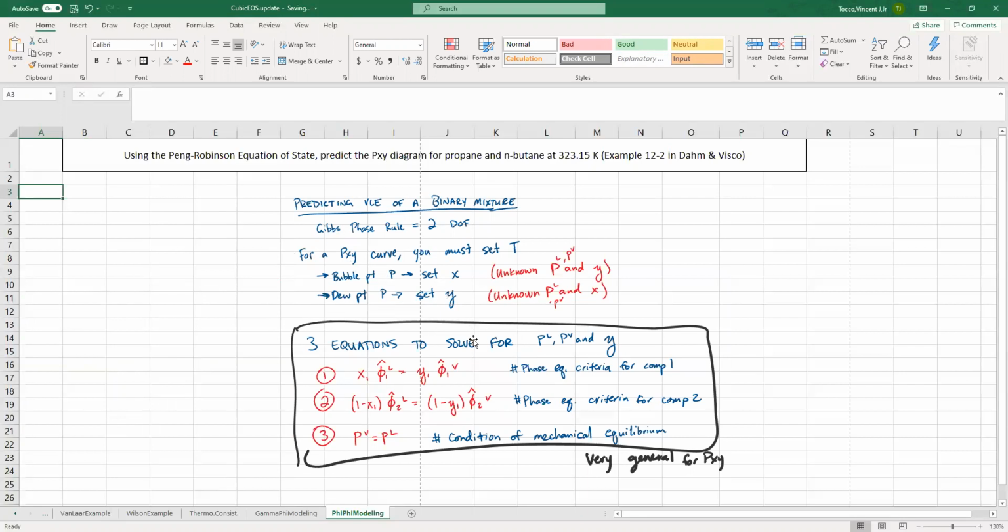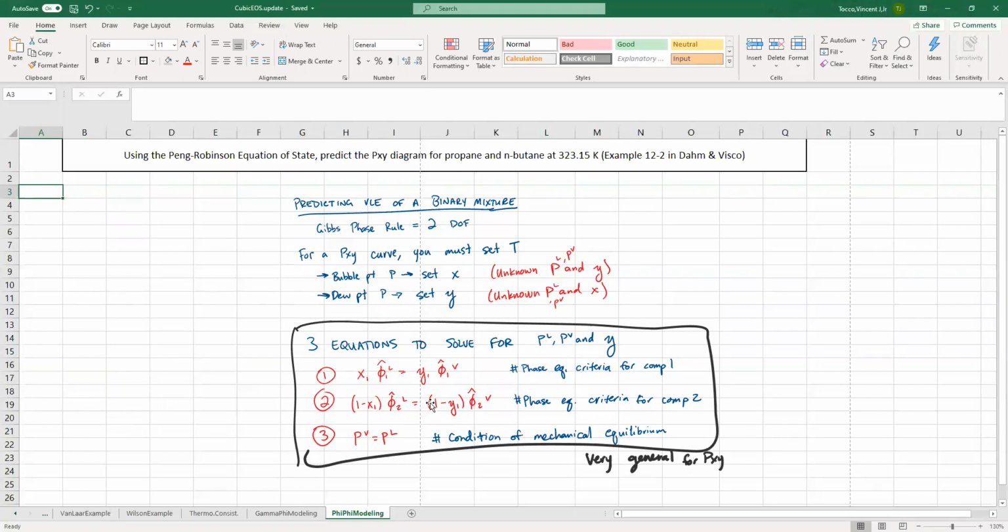So we've got 3 equations, 3 unknowns, a system of 3 equations. The first 2 equations are the phase equilibria relationships between the 2 components. So we're starting off with the mixture fugacities of the 2 phases must be equal, and then simplifying from there. The first equation is the phase equilibrium relationship for component 1, which we'll assign to be propane.